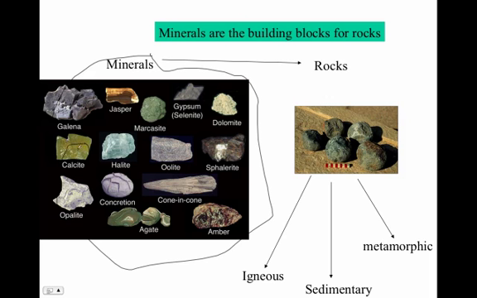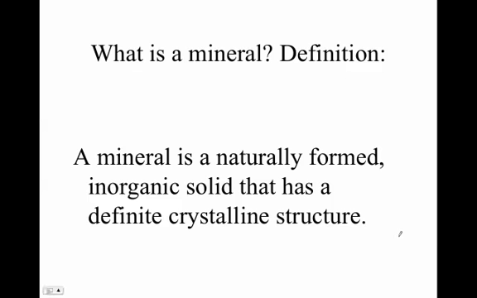So if you have 10 samples of calcite, they'll all have the same properties, same hardness, same shape, etc. However, if I take 10 samples of rock, each rock might have different properties depending on what's in it. So in general, rocks have varying properties and they come in three groups: igneous, sedimentary, and metamorphic, based on how they form.